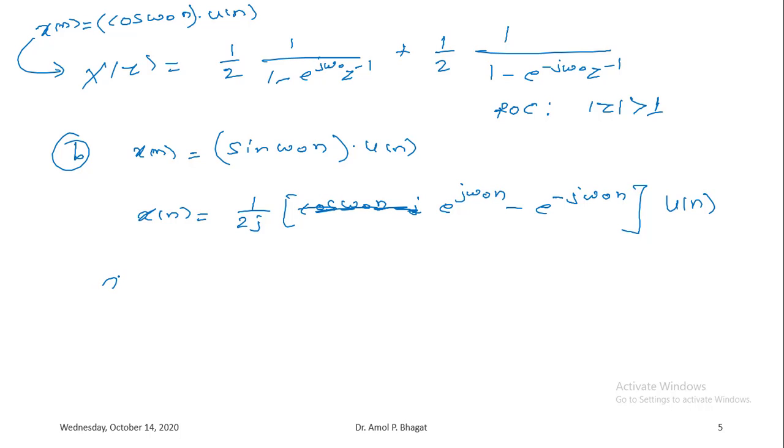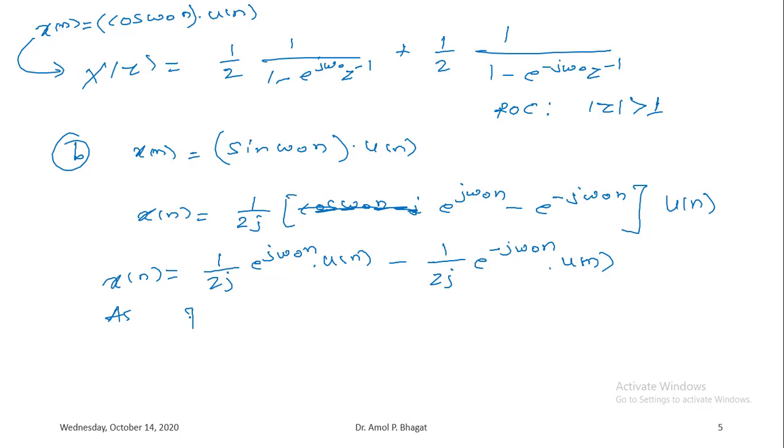So again you can rewrite this signal x of n as 1 upon 2j e to the power j omega 0 n into u of n minus 1 upon 2j e to the power minus j omega 0 n into u of n. So again, as per linearity property, you can take the z transform of x of n as x of z.